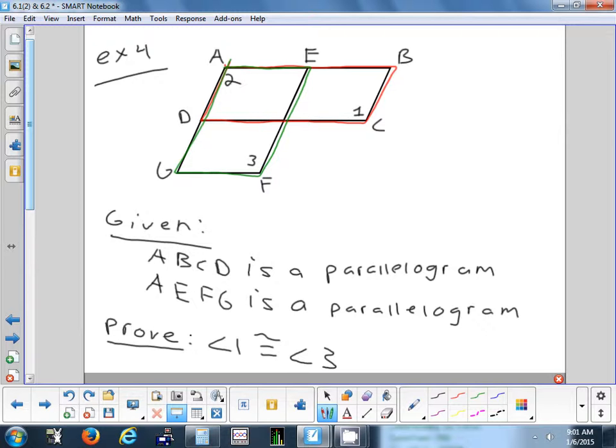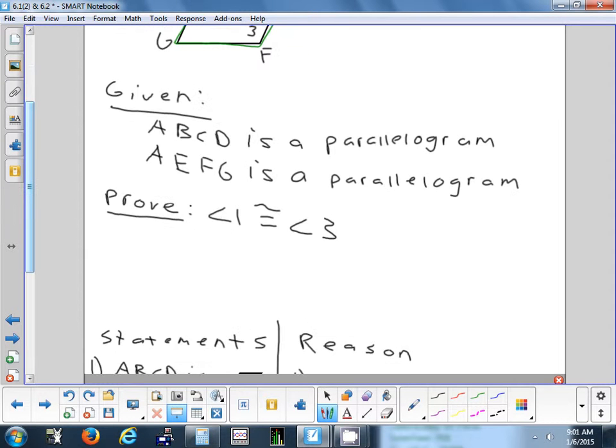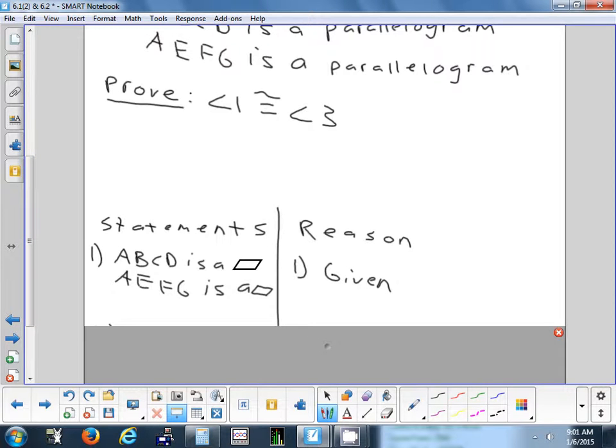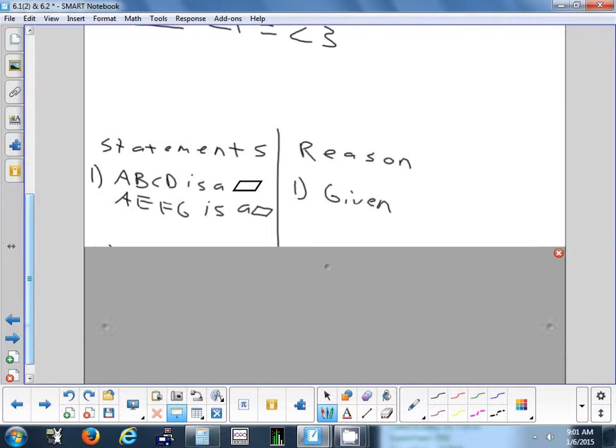All right, so let's start out with that. So there's your given. ABCD is a parallelogram. AEFG is a parallelogram. You can just use that symbol. You don't have to write out parallelogram, since we're going to write that word so much. Okay, so there's your given.